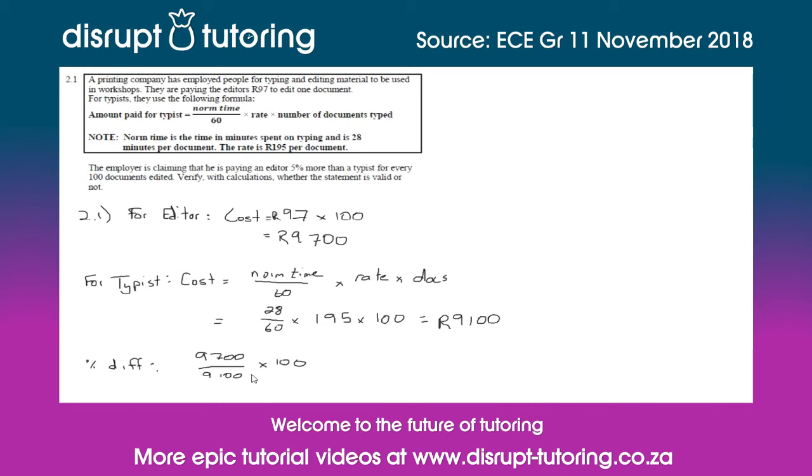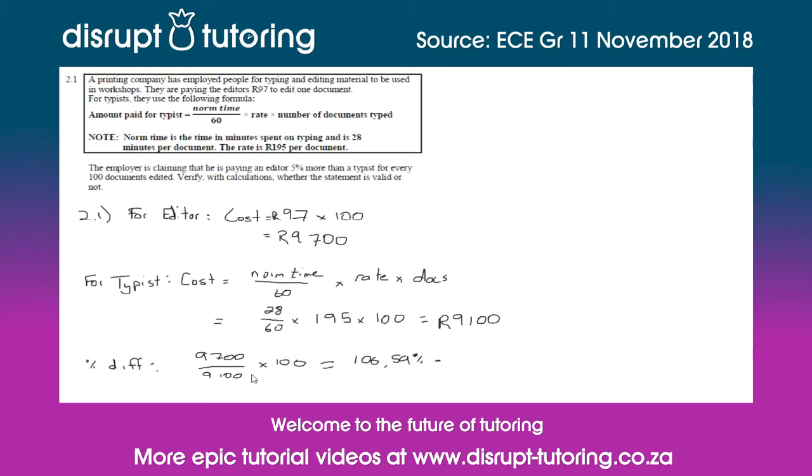So this gives us our percentage increase. Put this in your calculator, and I get 106.59%.